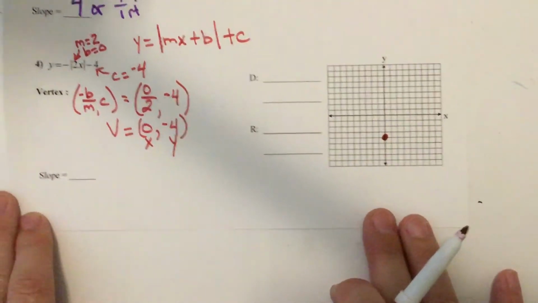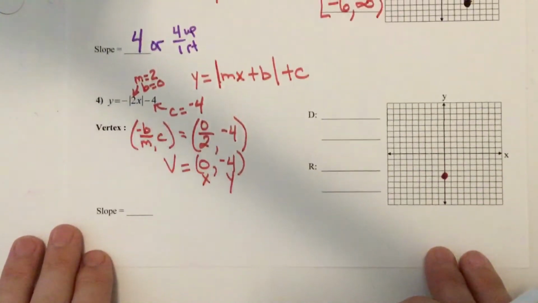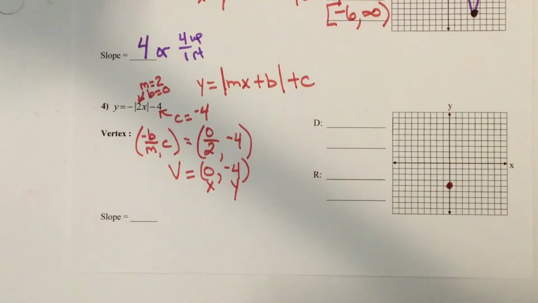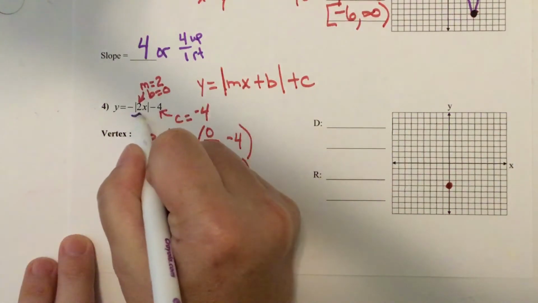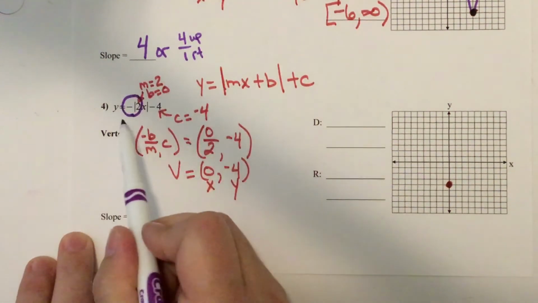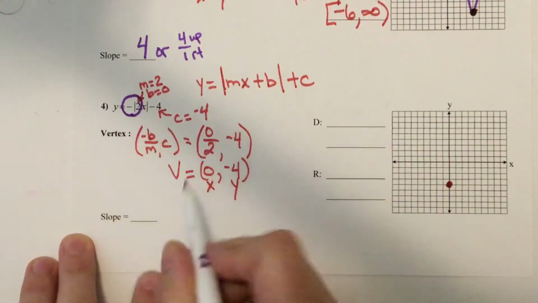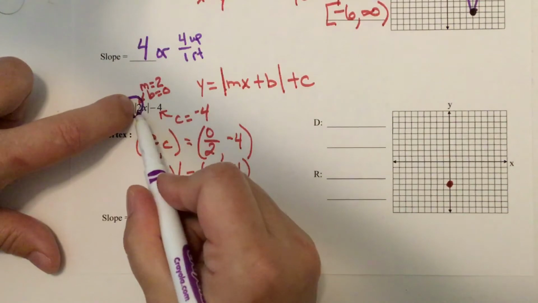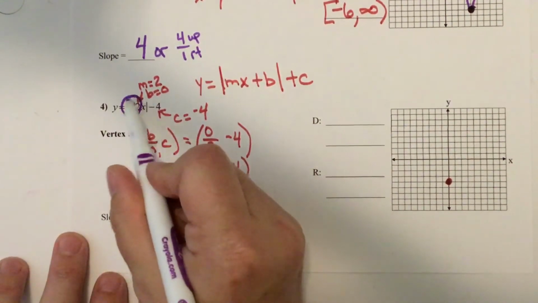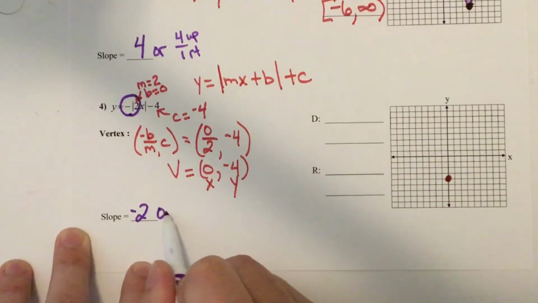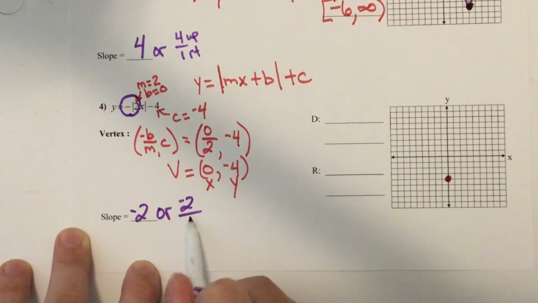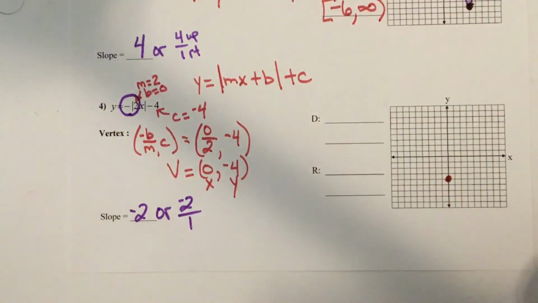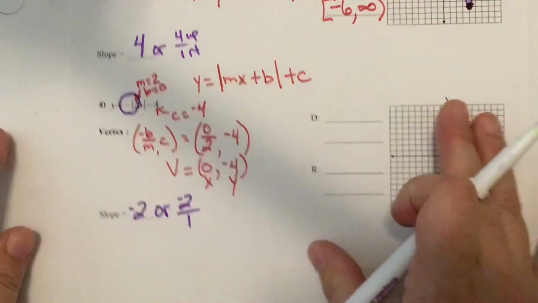Okay, now I need to figure out my slope. Now remember, slope is anything smushed with the X, inside, outside, or both. So if I look at everything smushed with the X, I've got -2. So that's my slope. Now M is just the +2, but the slope is anything smushed with the X, so M's -2, which remember is the same thing as -2 over 1, because every number is understood to be over a +1.